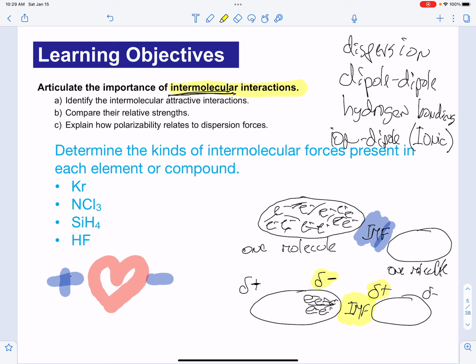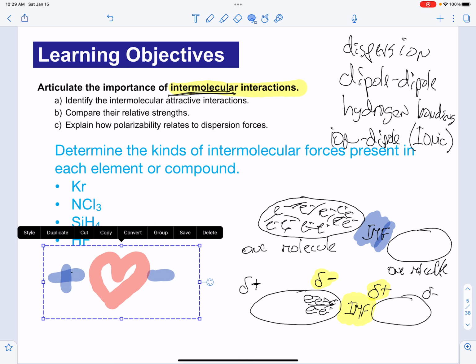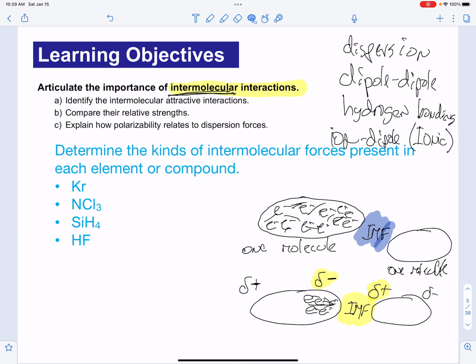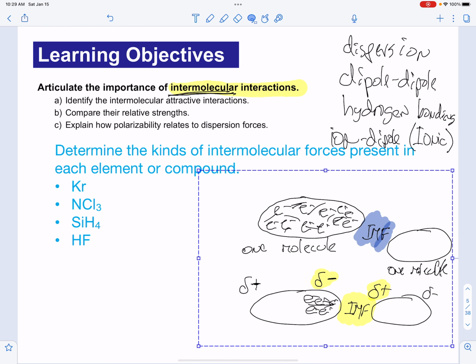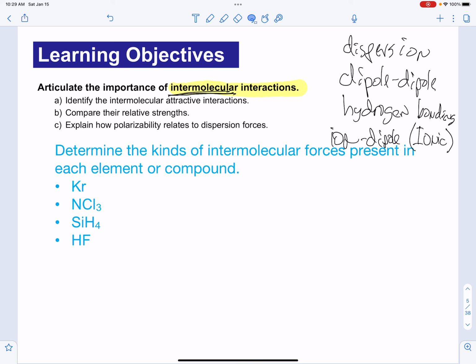What about dipole-dipole? For us to be able to observe a dipole-dipole interaction, we're going to need molecules. These cannot be atoms by themselves. This is going to have to be a molecule, and the molecule will have to be polar.